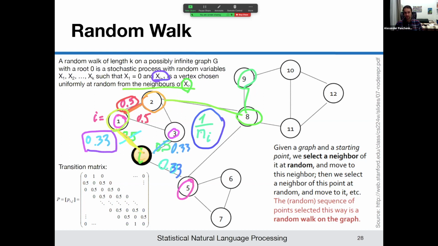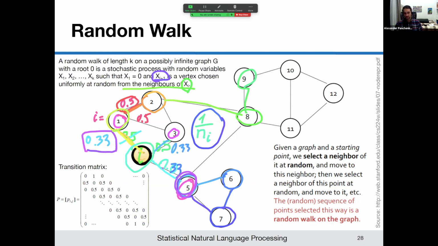And what you can do, you can initialize these walks several times, and as this is a stochastic process, obviously you might end up with different paths. Let's say if you have this random walk with k equal 5, then it may happen that at some point you get into this triangle, and then maybe you visited this node twice.